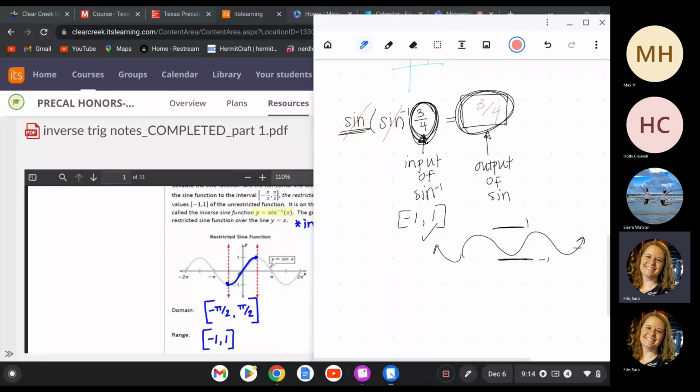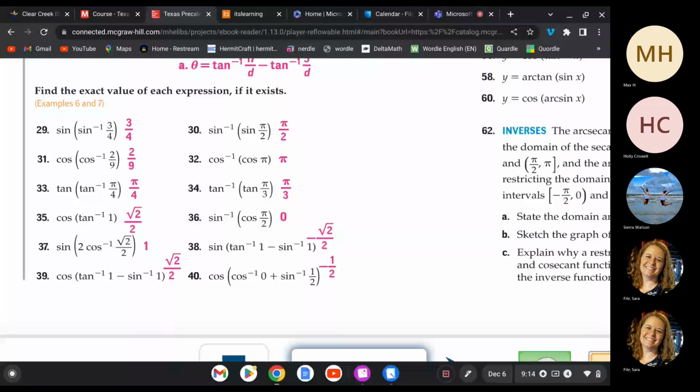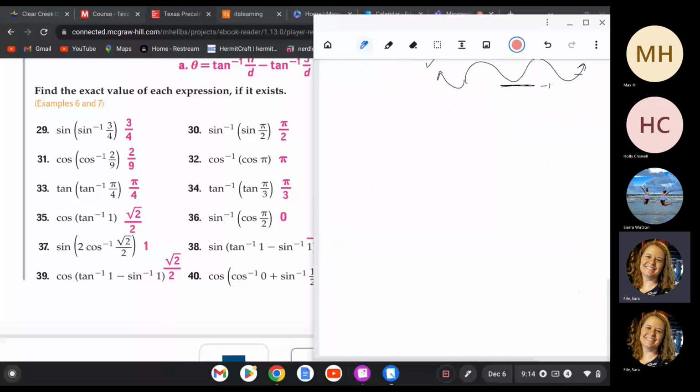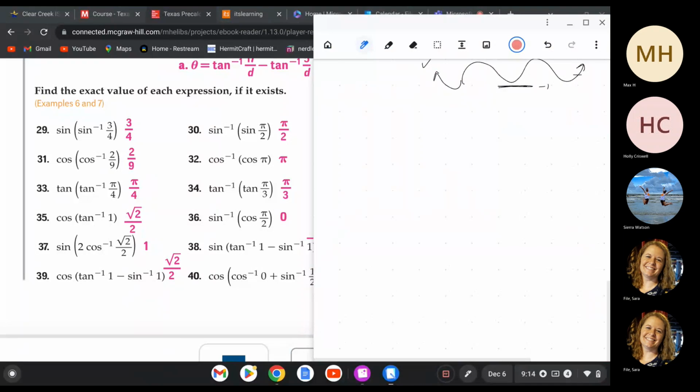Now that's not going to be the case every time. There's not one in that list of problems where it's the same function, like both sine, but one inverse, where it doesn't just cancel out. But we did do some, find them in our notes to show you.